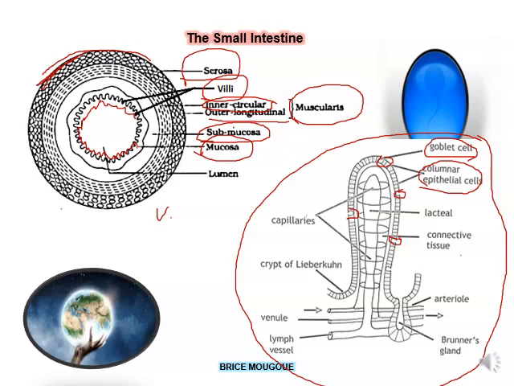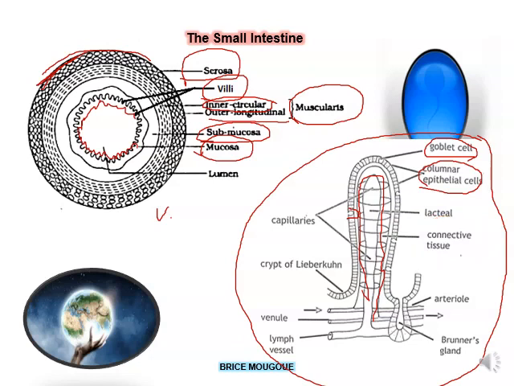Now, the central core of the villus is made up of connective tissue. These are tissues that join body parts to one another, like they help them to stick, to glue to one another. Within that central core, there is a single lymph vessel, just one, that we call the lacteal.